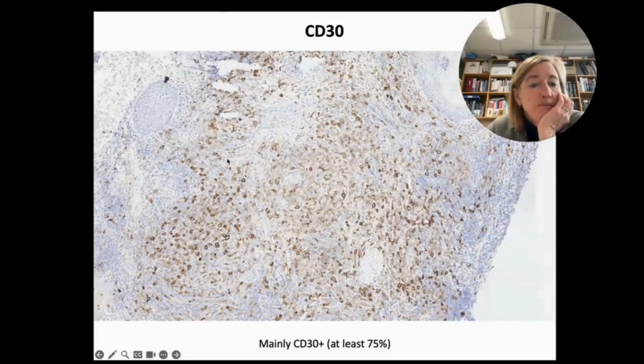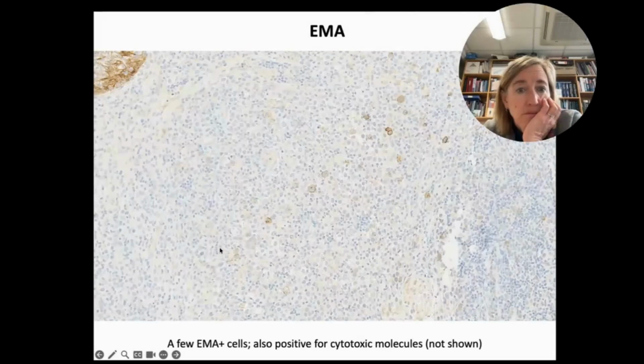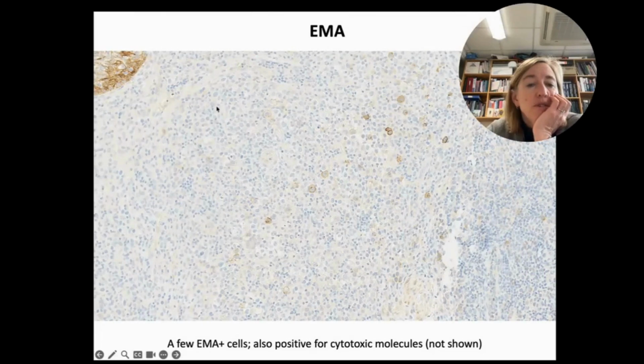And most of them, at least 75% in this particular case, are CD30 positive. And there's a little bit of EMA expression on some of those cells. They also were positive for the various cytotoxic molecules like TIA1, granzyme B, and perforin.